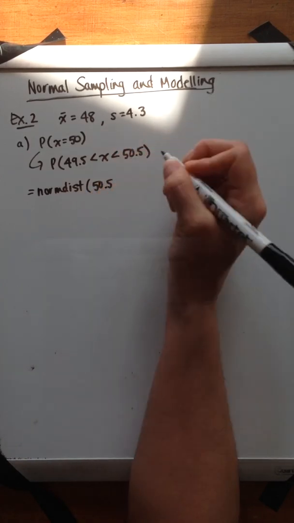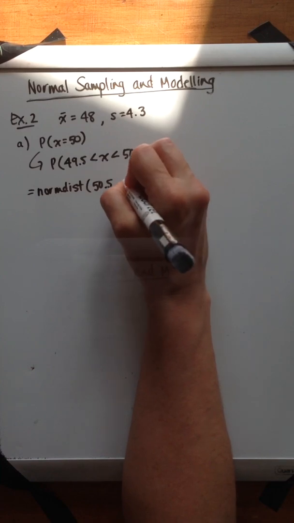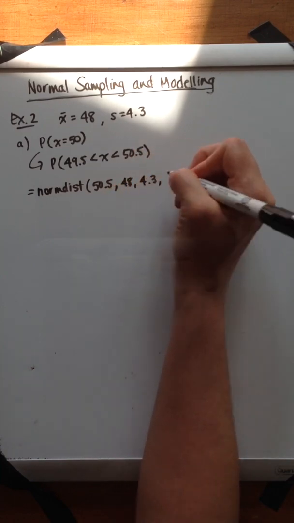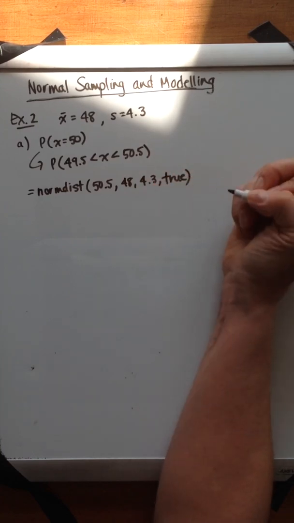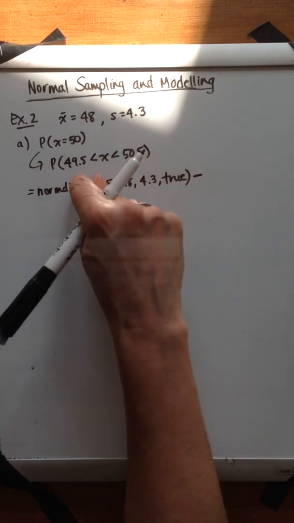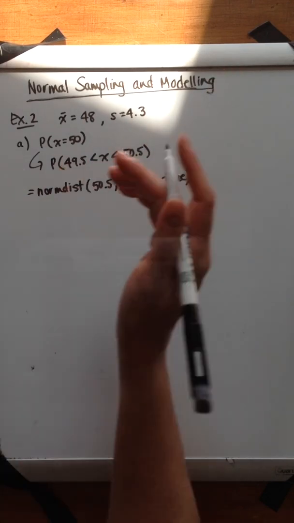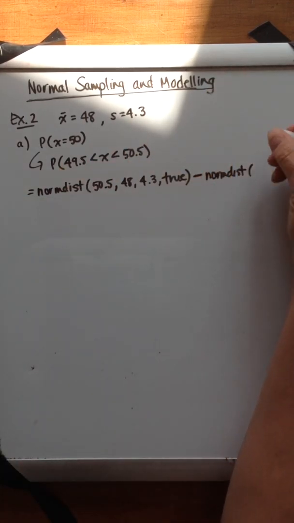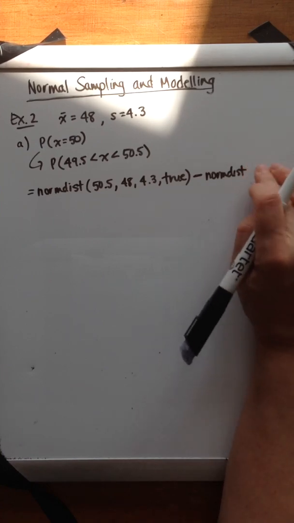So x is 50.5, my mean was 48, my standard deviation is 4.3, and I write the word true to finish. I'm going to subtract the area of the curve from this point to the left. So NORM.DIST 49.5. I'm running out of room here. I'm just going to put it underneath. Sorry about that.